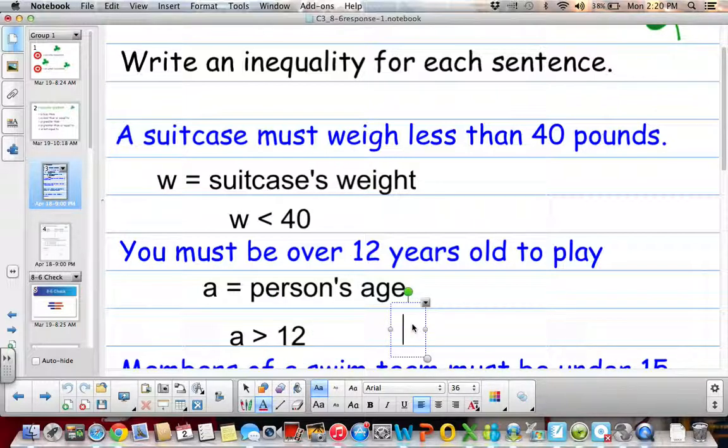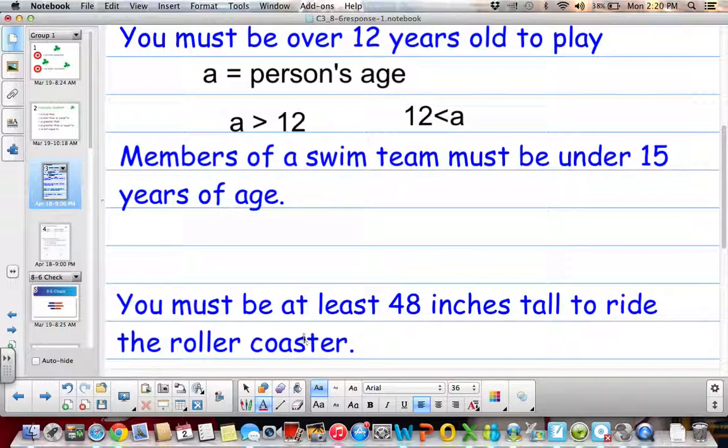A is greater than 12 is the same as 12 is less than A, because the opening is pointed to A, so A is going to be greater. But A is greater than 12 would be the more correct way to write it.